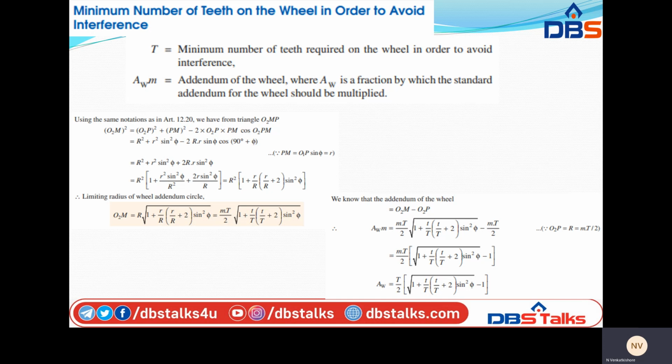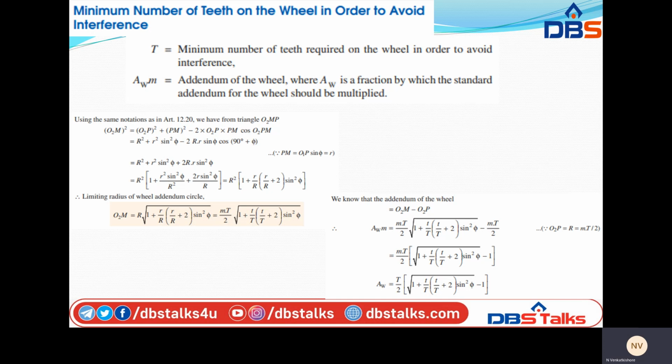So multiply with minus sin phi means minus into minus plus 2 capital R into small r sin square phi. Then by commonly we are taking the capital R as the common.